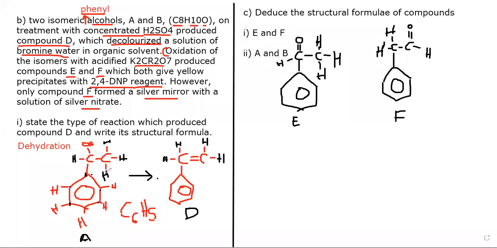All right, so I already had compound A, so all I need to draw is compound B. So all we're doing now is shifting the position of the OH group to carbon number 1 to make it the primary alcohol.